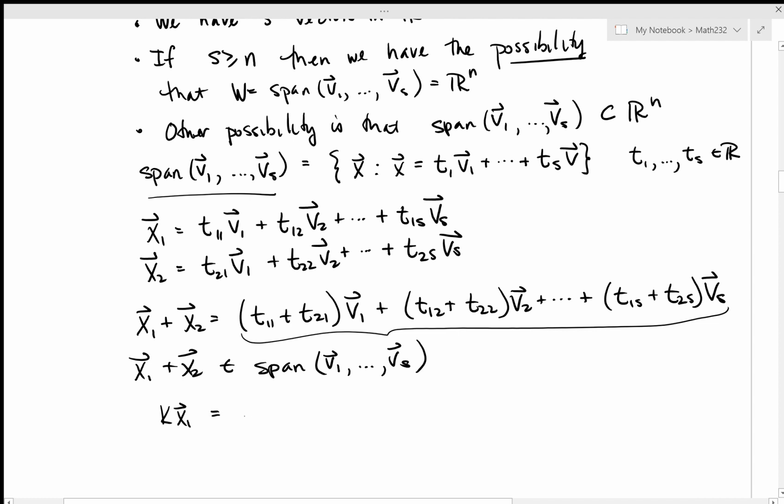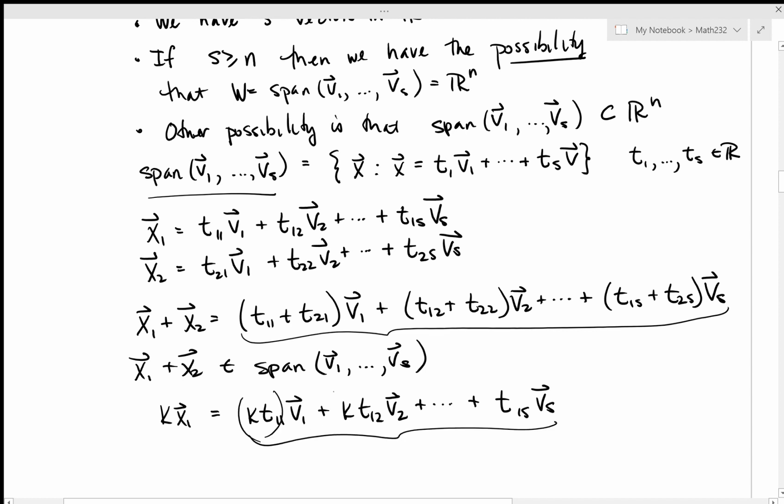K times x1, I'm going to obviously get k times t11 v1 plus k times t12 v2 plus dot dot dot plus k times t1s vs, and that vector, this thing here, is a linear combination.